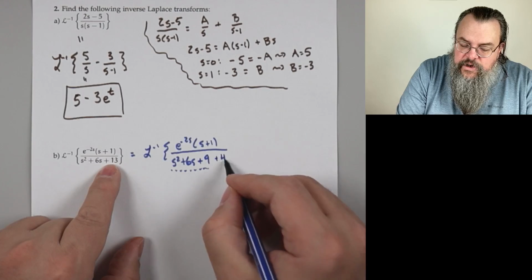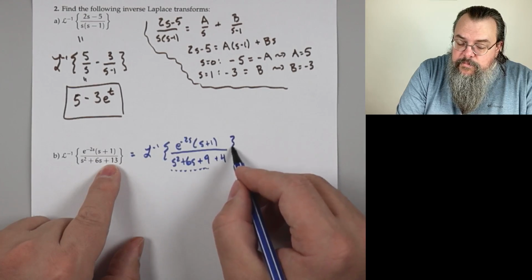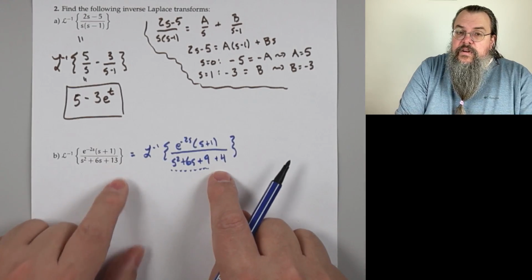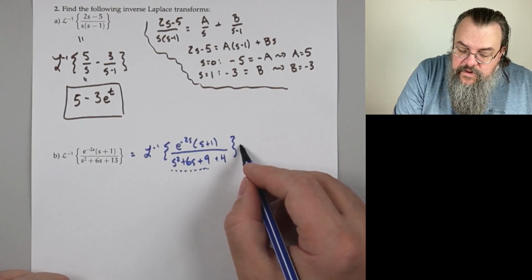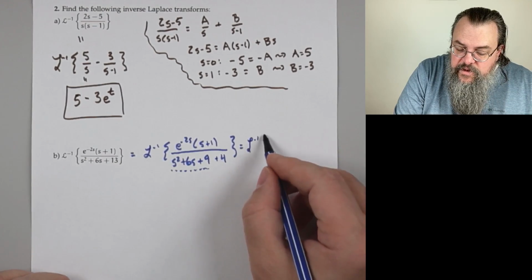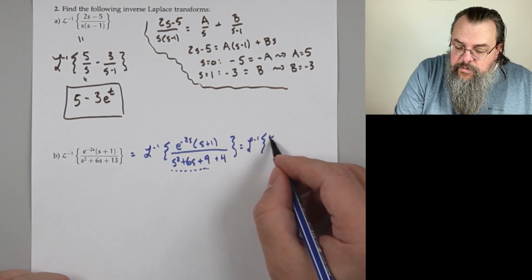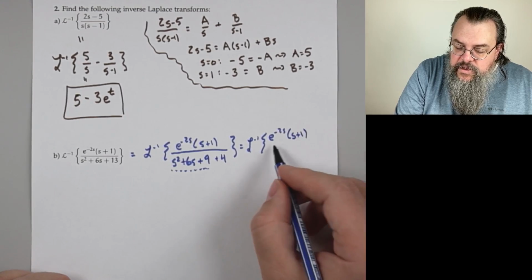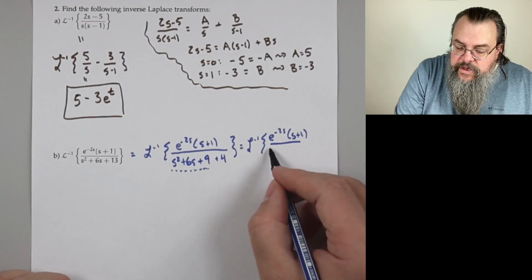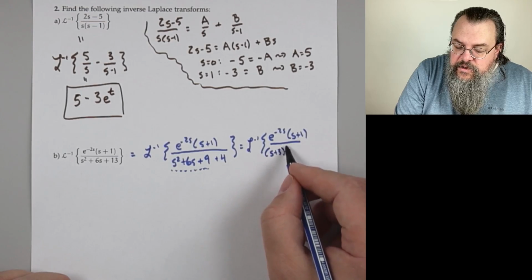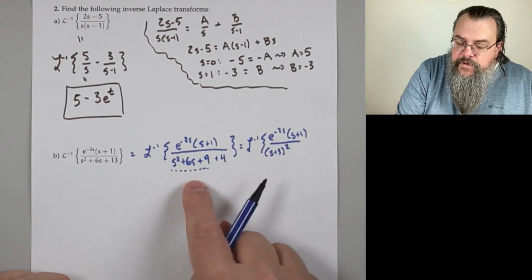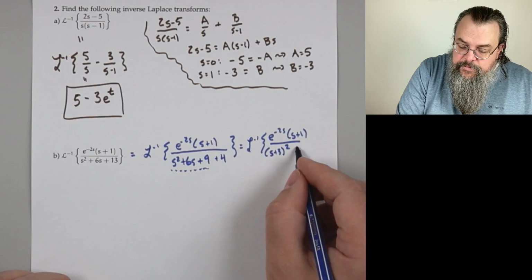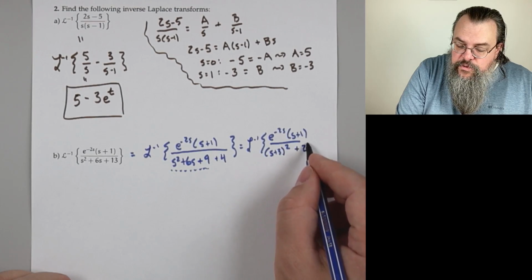I add 4 more, and now I'm the same as I was. So this is inverse Laplace of e to the minus 2s times (s plus 1) over (s plus 3) squared, that's what the perfect square becomes, plus 2 squared, which I'll denote as the other part.